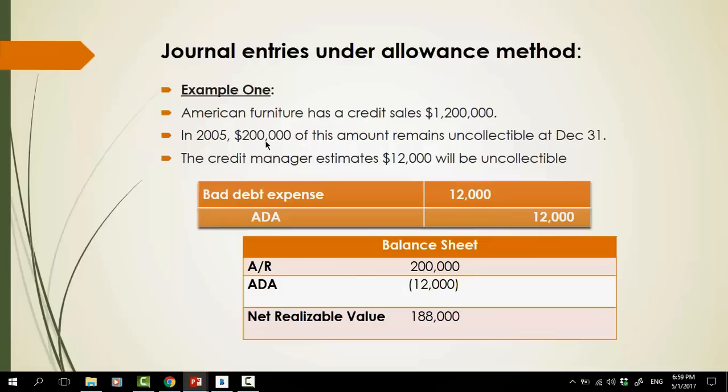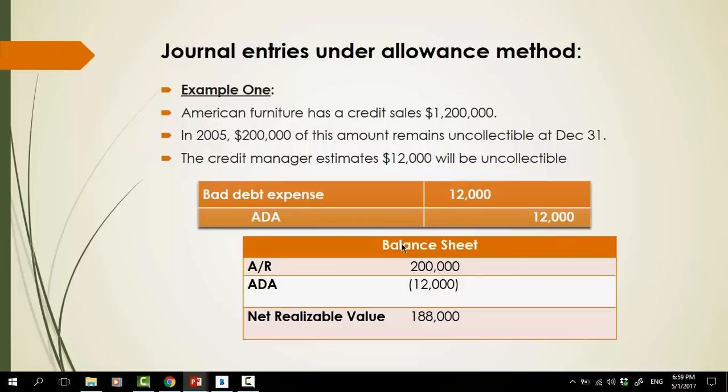Okay, then $200,000 is the accounts receivable. Let's move on. The credit manager estimates that $12,000 will be uncollectible. Then we will record an estimation, not write-off. Concentrate. Then we will record bad debt expense and allowance for doubtful account.